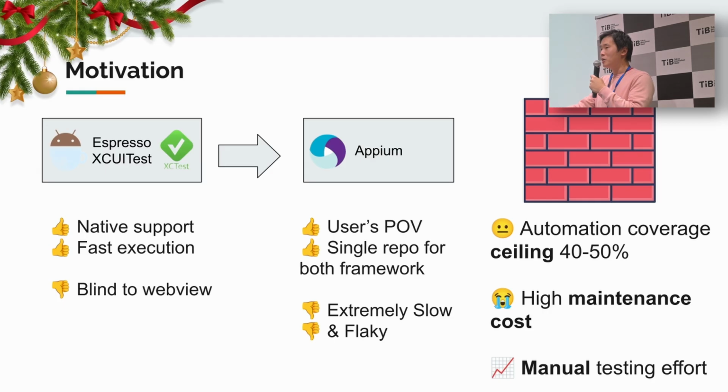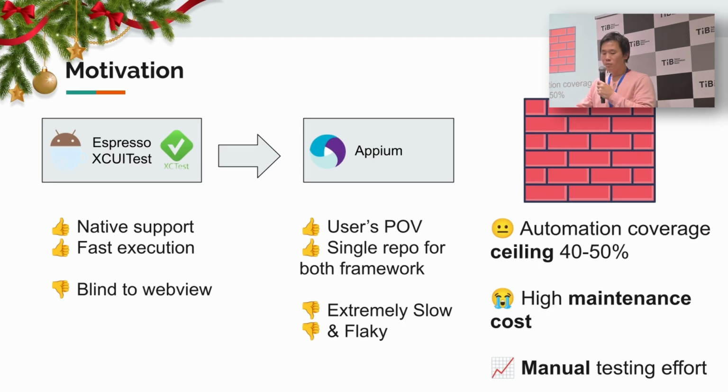However, when we executed Appium, it was extremely slow and extremely flaky. So we spent a lot of time maintaining these tests, and then after maybe a few days or a few weeks, these tests fail again, and we need to update the script every single time because it's basically very flaky. So it was hard for us to increase the coverage.